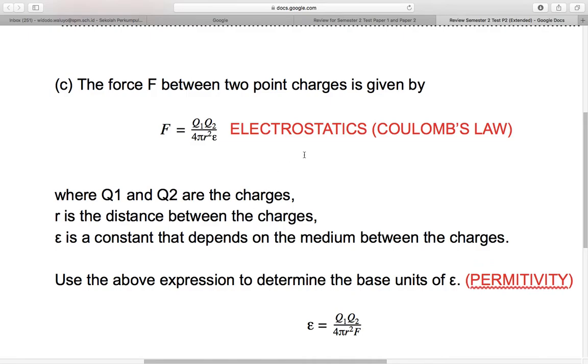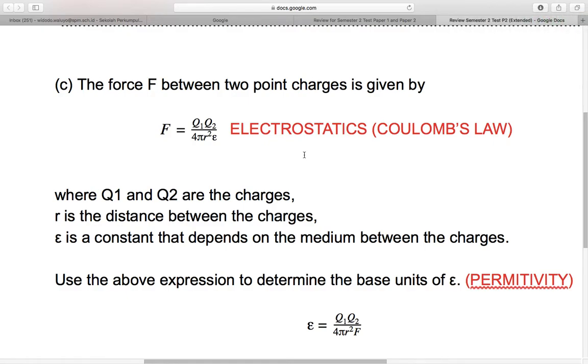This is actually electrostatics or Coulomb's law, when the objects have charge and they have attraction or repulsion force between them.